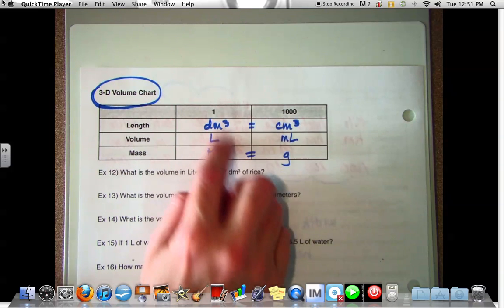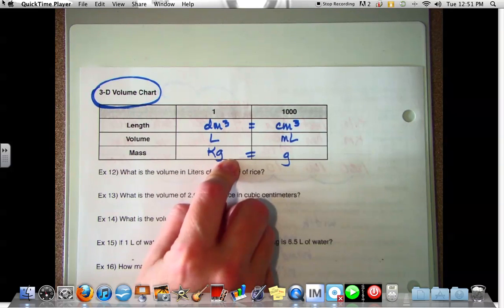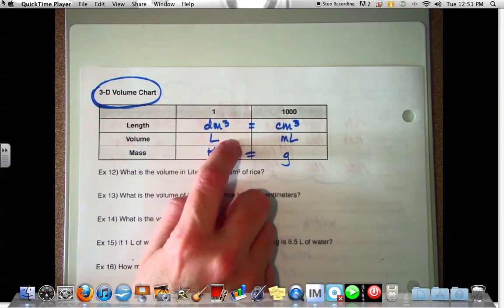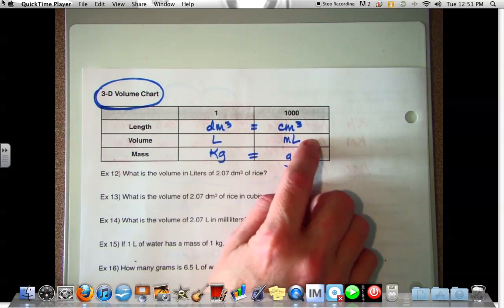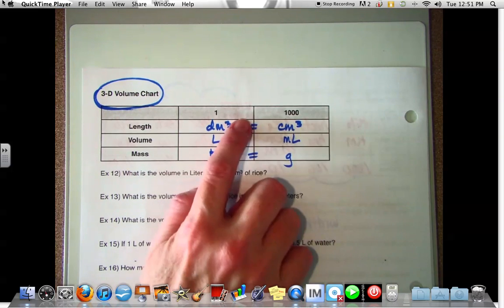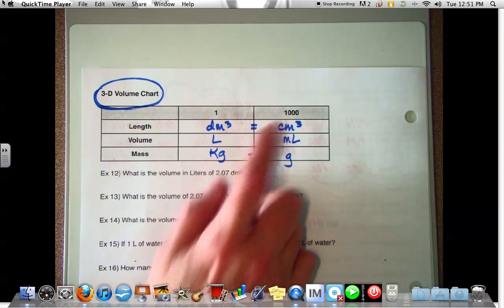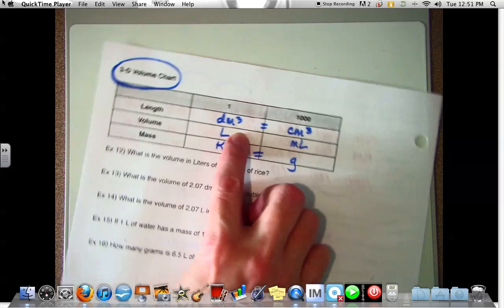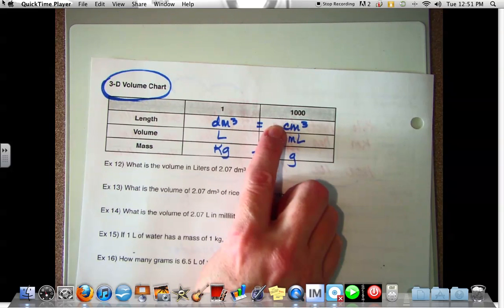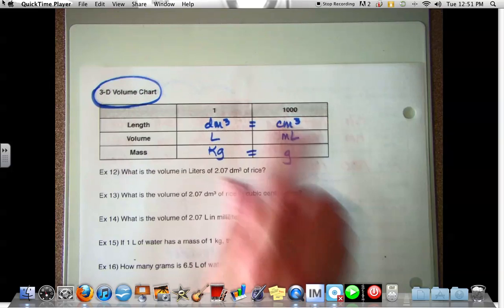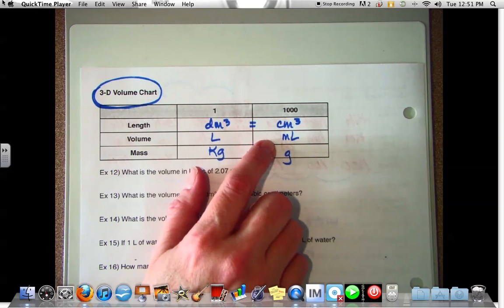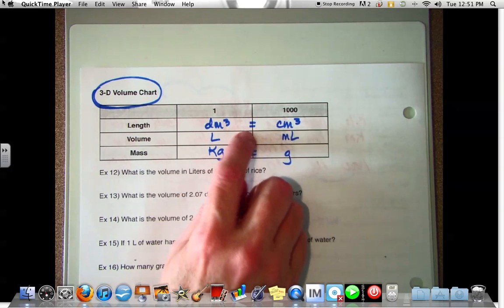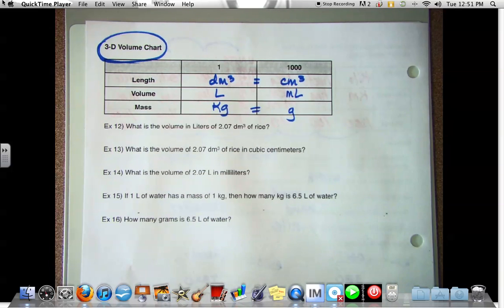All of these items right here are equivalent to each other. 1 cubic decimeter equivalent to a liter. 1,000 cubic centimeters equal to a milliliter. And then they're true diagonally as well. 1 liter is equivalent to 1,000 cubic centimeters. A cubic decimeter is equivalent to 1,000 milliliters.